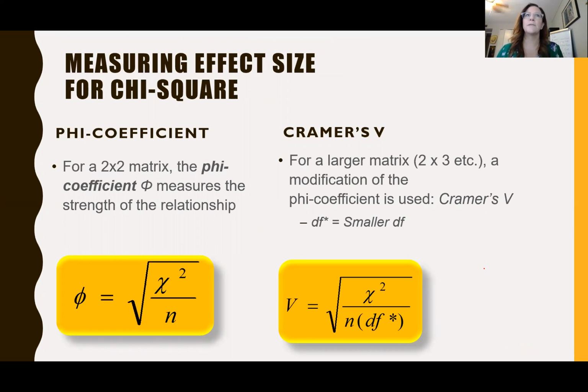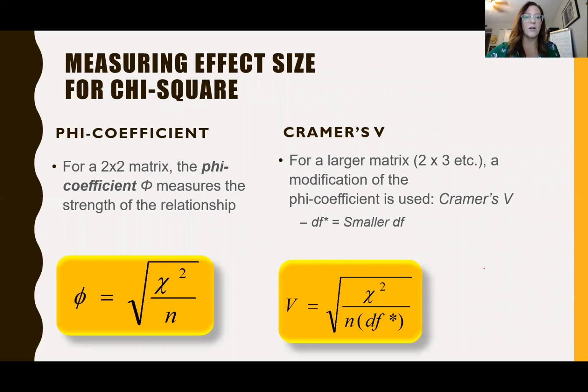And there's 2 different types of effect sizes. There's phi coefficient and there's Cramer's V. So whenever we have a 2 by 2 table, which is what we just had, so 2 categories for each of the variables, we're going to use the phi coefficient.